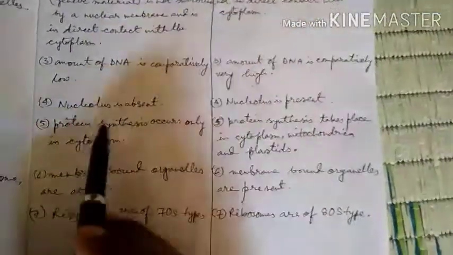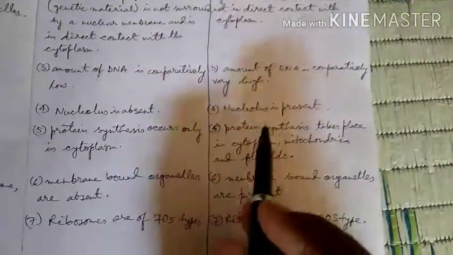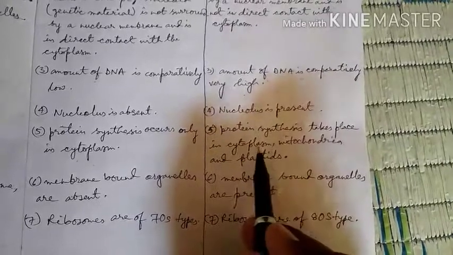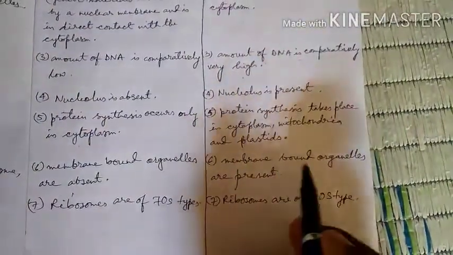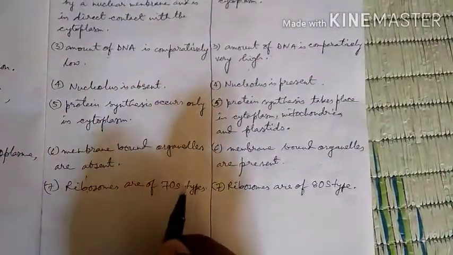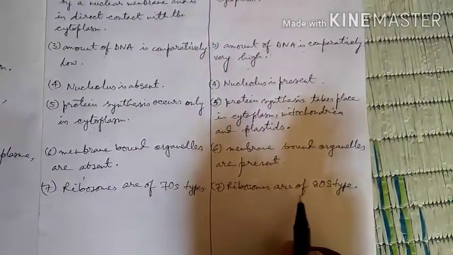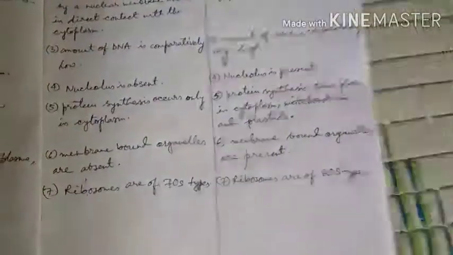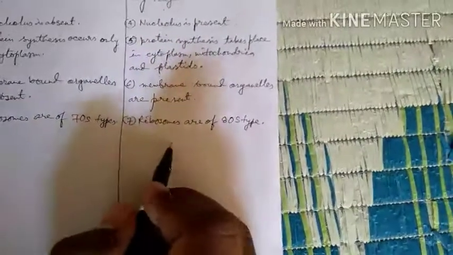In prokaryotic cells, protein synthesis occurs only in the cytoplasm. But in eukaryotic cells, protein synthesis takes place in the cytoplasm, mitochondria, and plastids. In prokaryotic cells, membrane-bound organelles are absent, but in eukaryotic cells, membrane-bound organelles are present. Ribosomes are of 70S type in prokaryotic cells, and of 80S type in eukaryotic cells, although in eukaryotic cells, 70S type ribosomes occur in mitochondria and plastids.